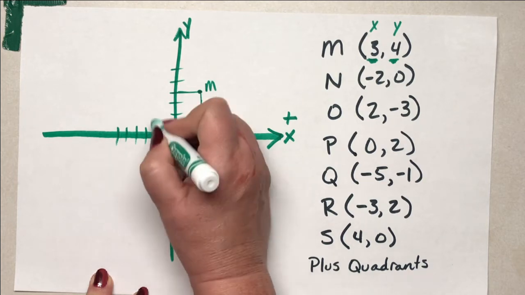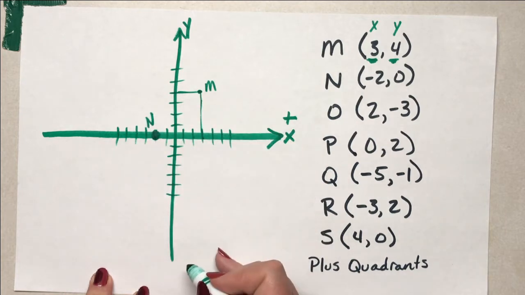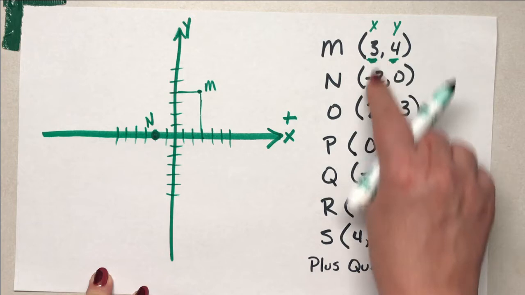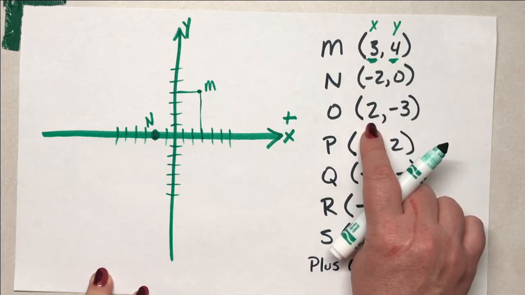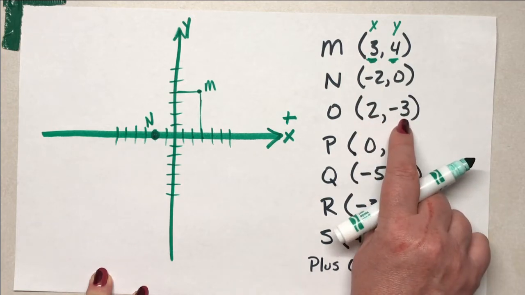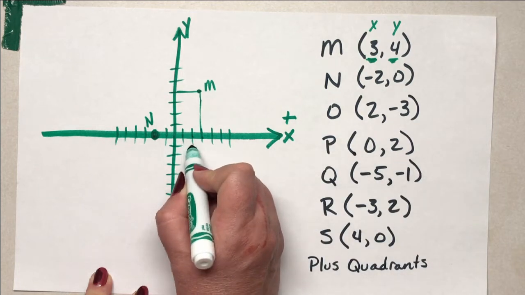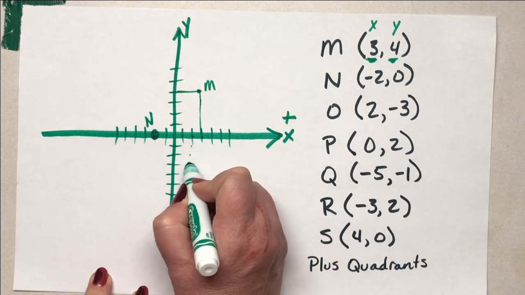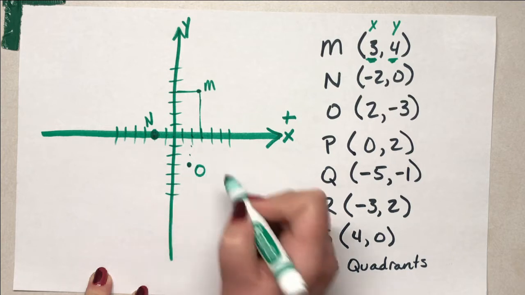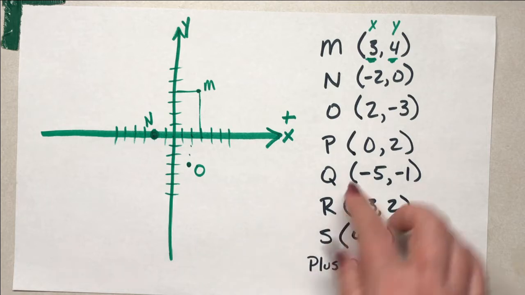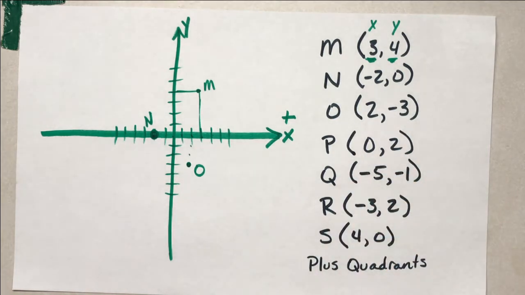We draw the point and we label it N. For point O, we're going to go positive 2 on the x-axis and -3, which is down, on the y-axis. So we're going to go positive 2 and -3, and we're going to make our spot there, and that is spot O. What I'd like you to do is push pause and do the other 4 points.